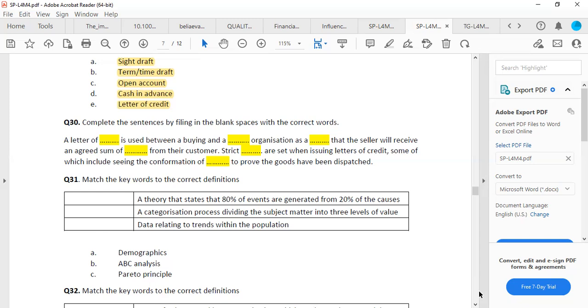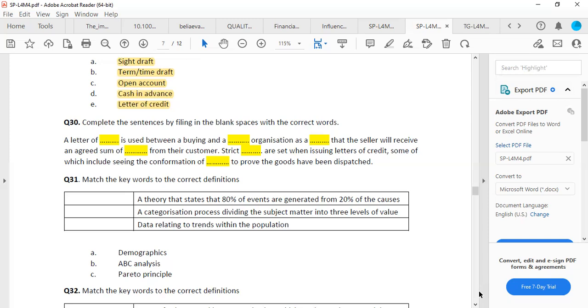A letter of credit is used between a buying and a selling organization as a confirmation or guarantee that the seller will receive an agreed sum of money from their customer.